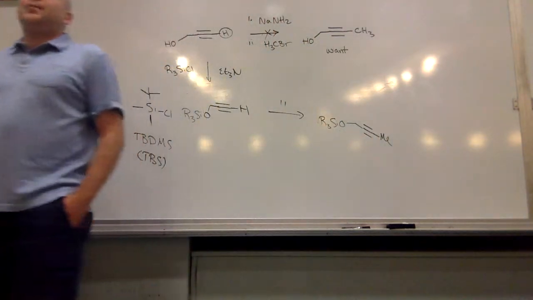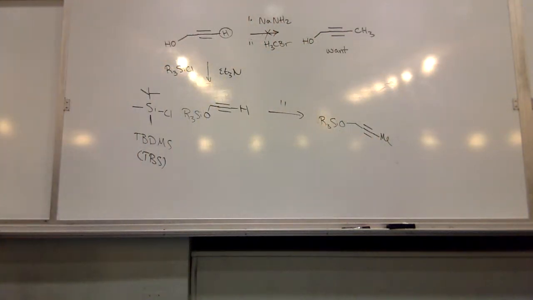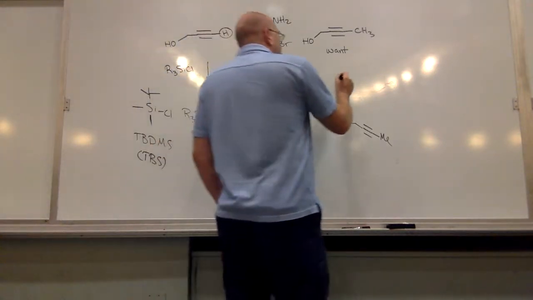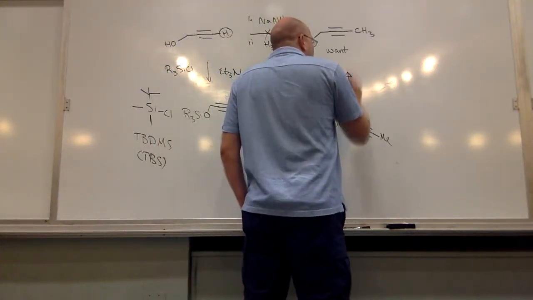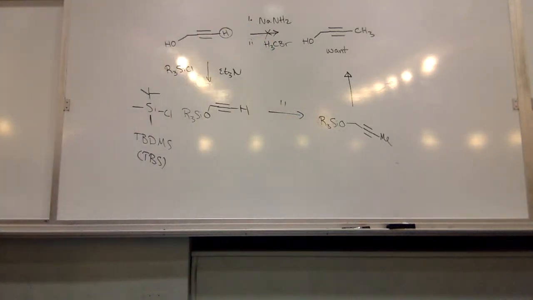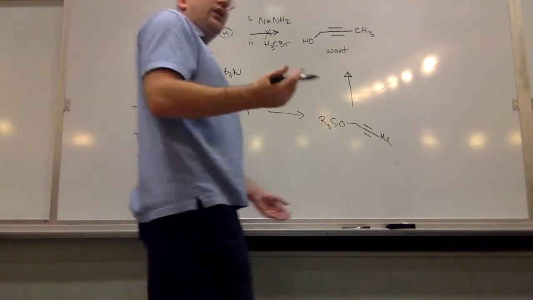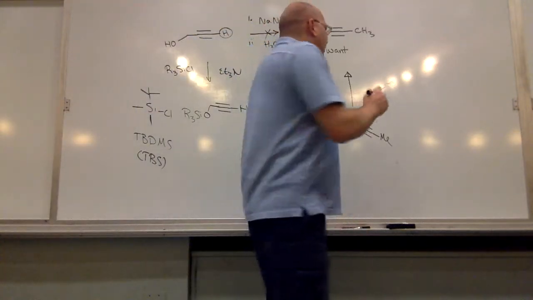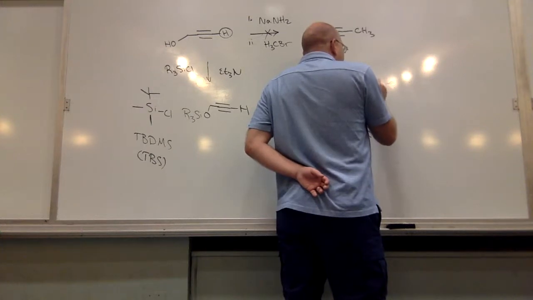Then the final step that's important is you have to be able to take off the silyl group. In order to take off silyl groups, it's something fairly unique to silyl groups: fluoride sources, usually just F- of some type.